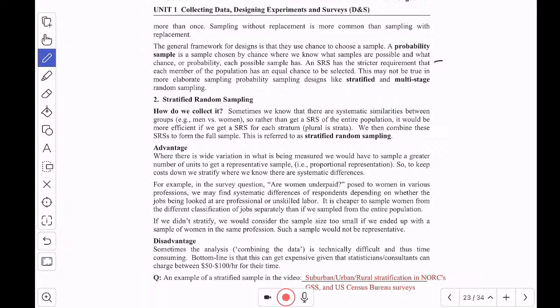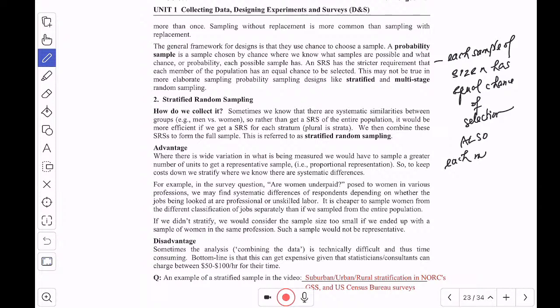For a simple random sample, each sample of size n has equal chance of being selected. But also, each member of the population has an equal chance.